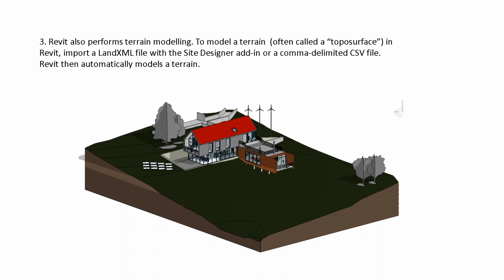Okay, the same happens if you have a comma delimited CSV file. Then basically, if you already have 3D information, not a model, but 3D information about the terrain, then Revit can do it almost automatically. If you do not have it, if you have just a flat 2D map, of course, then we have to make it by hand, and I'm gonna show it today to you.